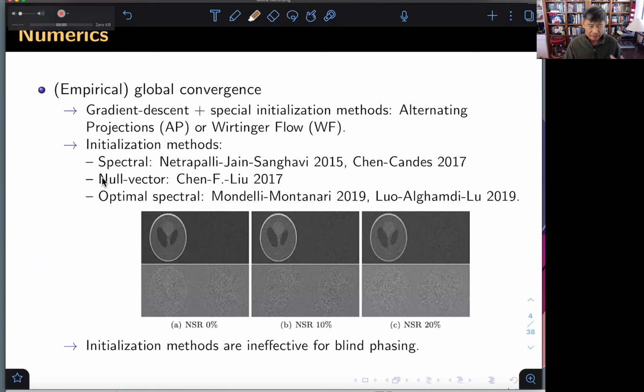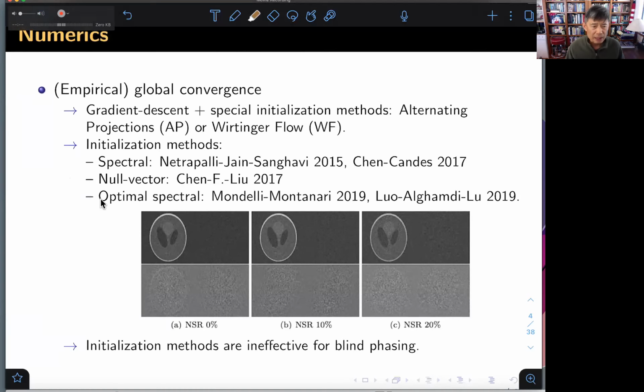They all have not just empirical performance, but also very interesting theoretical guarantees. Now, again, that is for Gaussian random matrices. No one has come up with anything theoretical about how these initialization methods work for actual diffraction patterns.